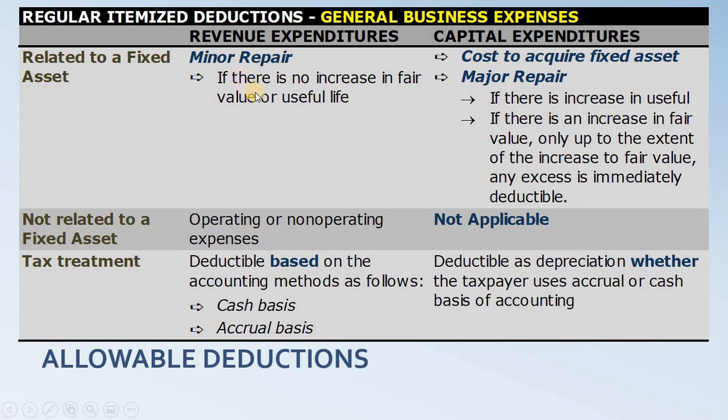However, a repair that is to be capitalized is considered a major repair if it will increase the useful life or the fair value of the fixed asset, which means that a major repair will give additional benefit to the taxpayer.